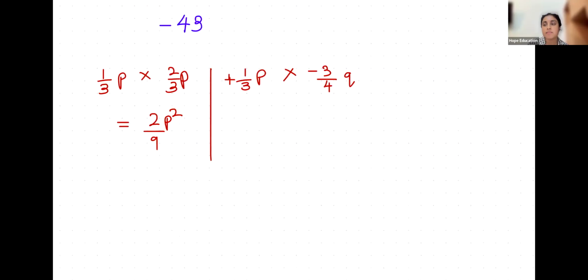Here, plus times minus, answer is minus. The 3 and 3 cancel. 3 times 1 is 3, 3 times 1 is 3. Then what do we have remaining? Here p remaining, here q remaining. So p times q is pq. In the denominator 4 remains. So that is minus pq over 4.